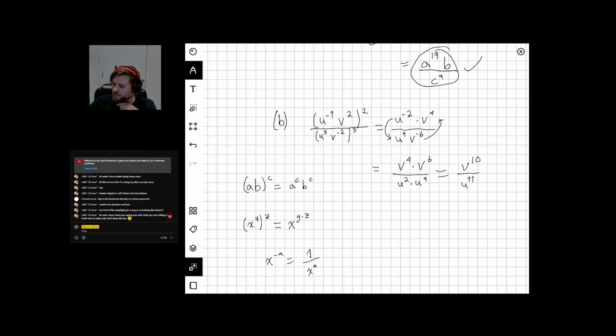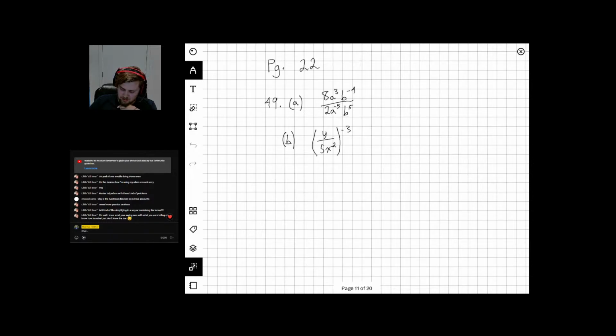If you don't know your exponent laws, well, we're going to do another one, so let me just restate them here. a^m times a^n is equal to a^(m plus n). Multiplication becomes addition.